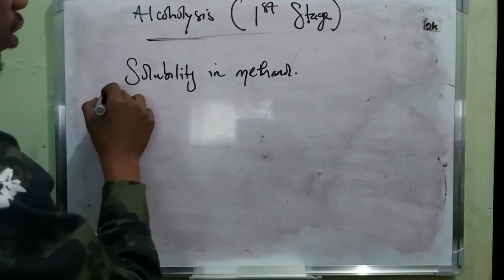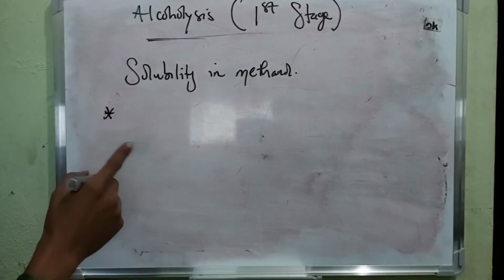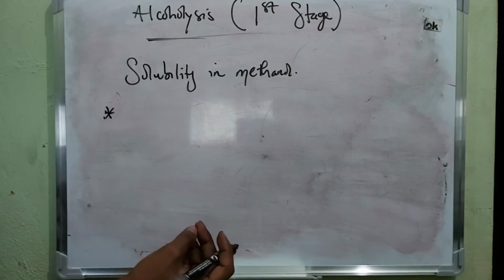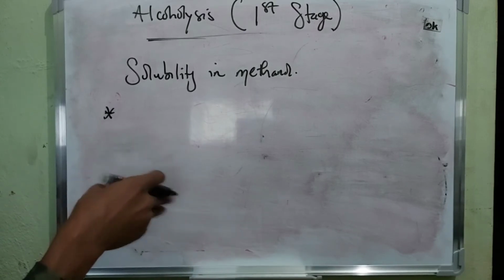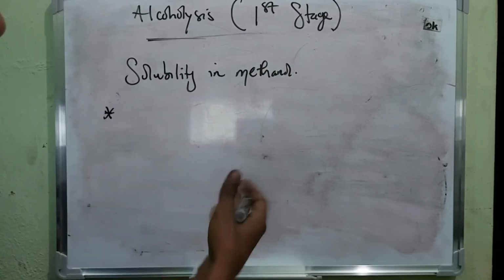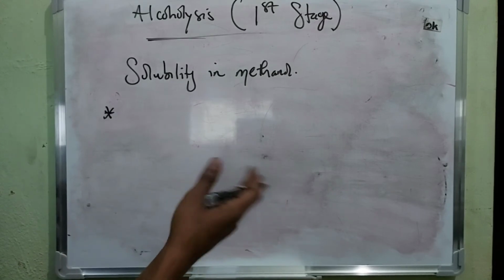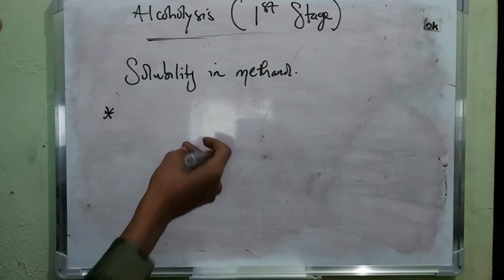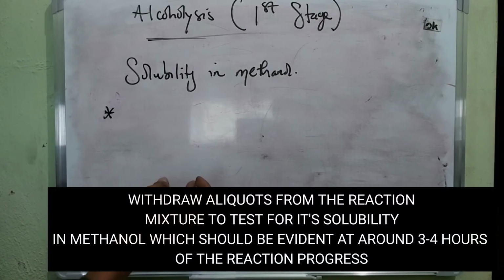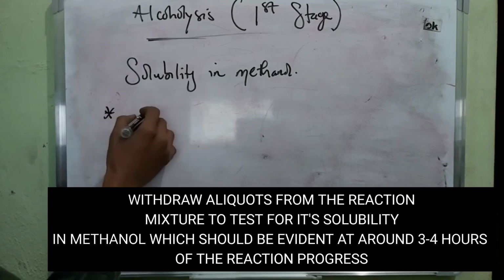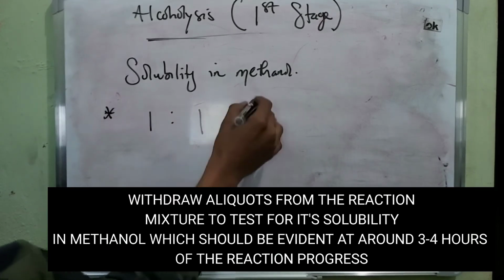How do you do that? This is what you do. You take aliquots, a very small portion of the alkyd resin that is still boiling, not up to 2 hours, 3 hours. You withdraw an aliquot from the system and test it in the same ratio to methanol.